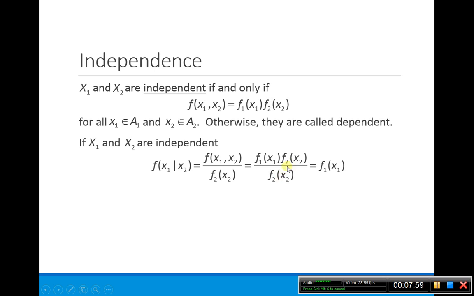The f sub 2's cancel out, and we're just left with the conditional PDF of x sub 1 given x sub 2. They're independent, so x sub 1 does not depend upon x sub 2, so we can just write it as f sub 1.